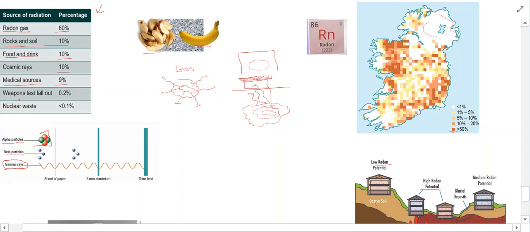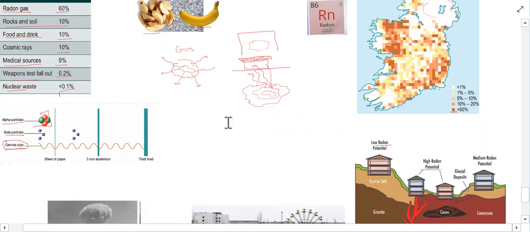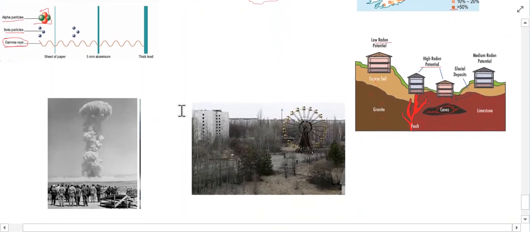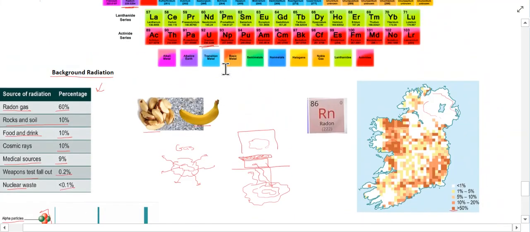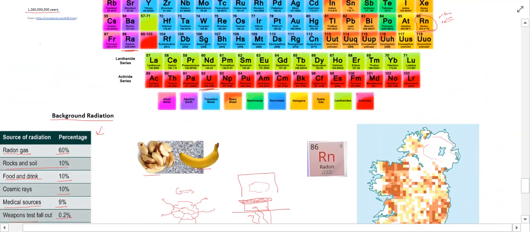Then we have fallout from weapons, so you have nuclear waste, and then you also have fallout from weapons testing as well. If we think about, for example, when the US and Russia were carrying out nuclear testing, they discovered how to split the atom, and they used uranium, which is an element here on the periodic table. So uranium, this is it here.